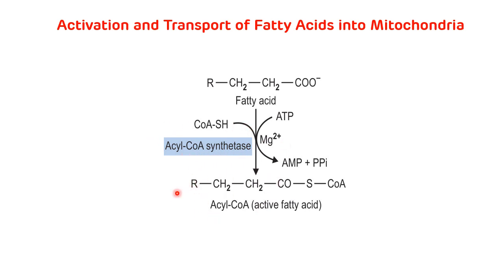Now this activation occurs in the outer mitochondrial membrane, and oxidation of fatty acid occurs inside the mitochondria. So this activated fatty acid has to be transported from the outer mitochondrial membrane into the mitochondria.